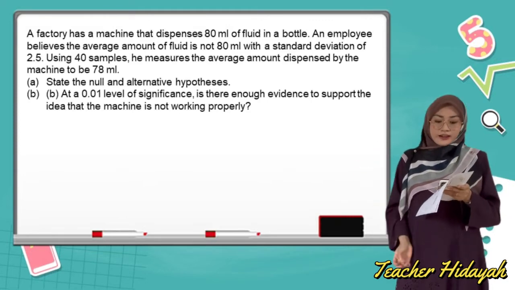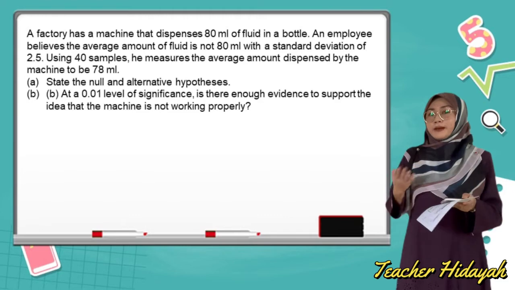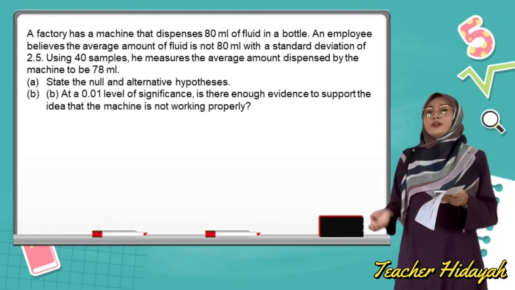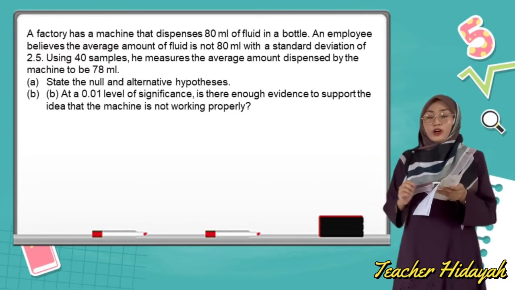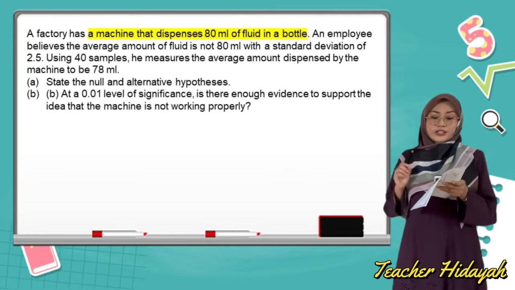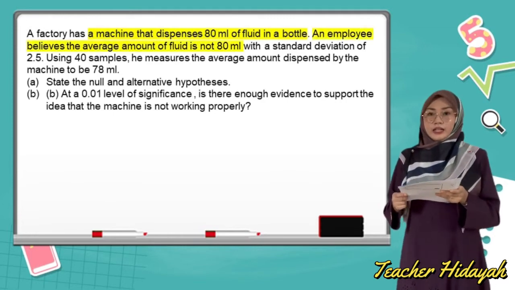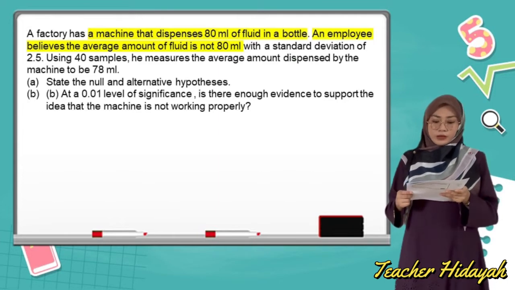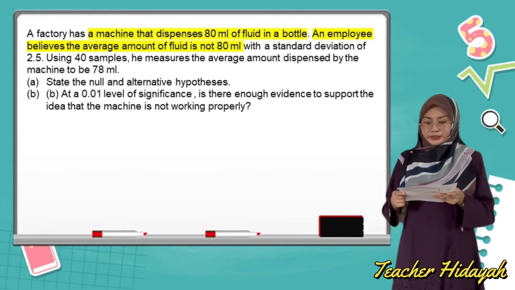Besides belief, there are also other keywords like claim, states, and many more. After we understand the question, we highlight all of the useful keywords or information. In this question, we highlight a machine that dispenses 80 ml of fluid in a bottle, and an employee believes the average amount of fluid is not 80 ml. This shows you the hypothesis statement.